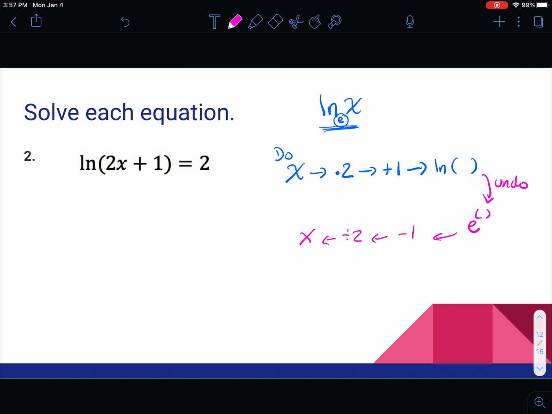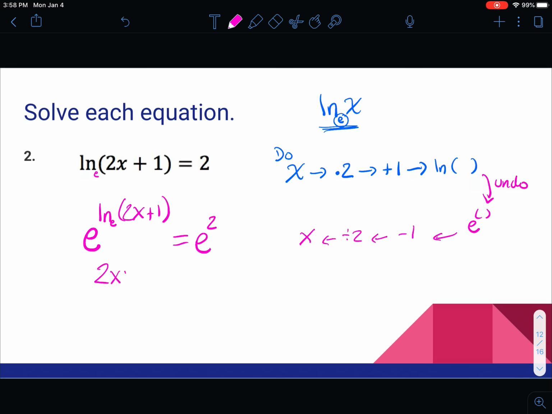Okay, so let's exponentiate. Again, remember that tiny little base there is e. So we want to raise up both sides. e to the natural log of 2x plus 1 is equal to e squared. Since these two bases match here, we know what we just did is we undid the natural logarithm.